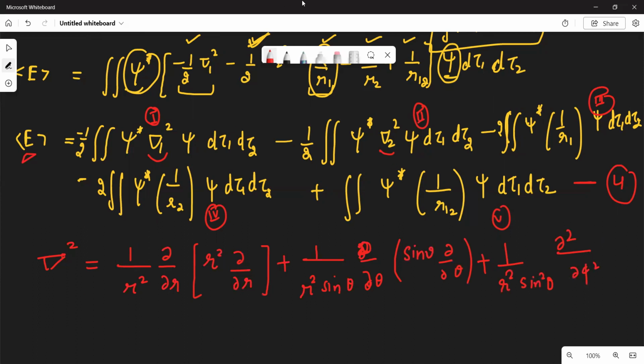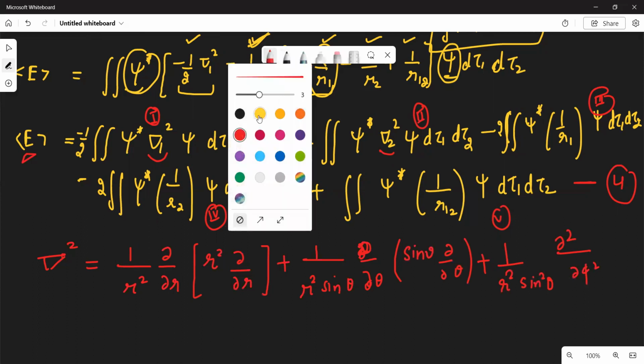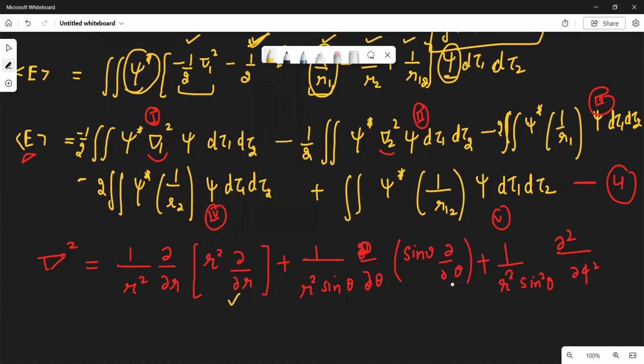So this is the expression of del square. In this expression, you can see we have three differentials. First is with respect to distance r, second is with respect to theta, and third is with respect to phi. And here with the del 1 square we have psi. That means here we will apply this del square on the psi wave function, right?